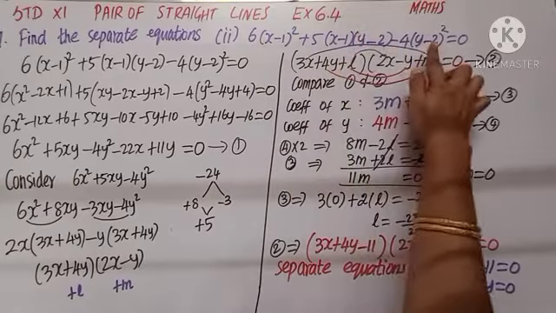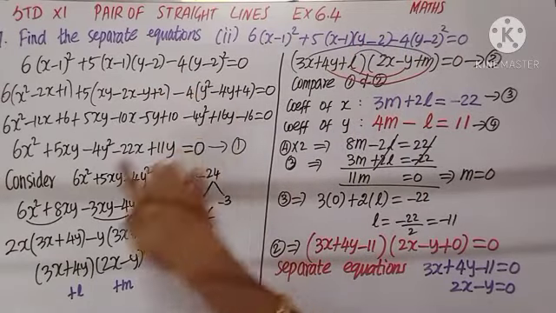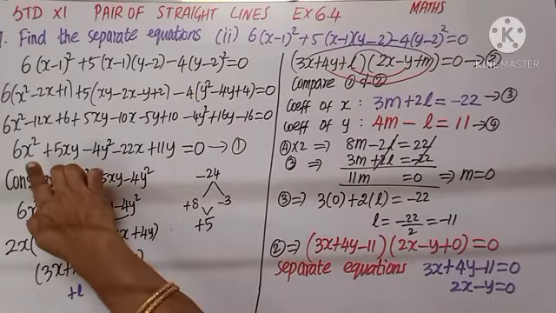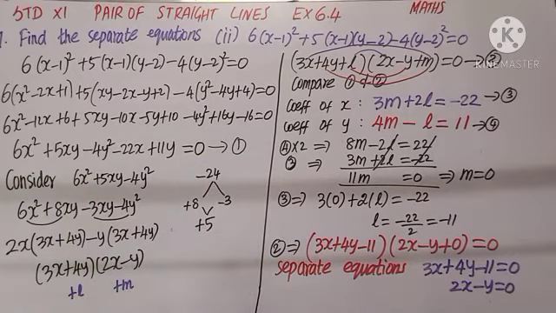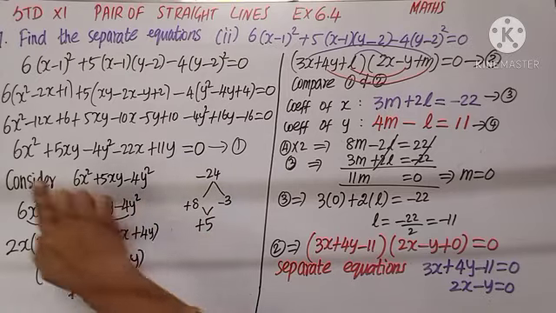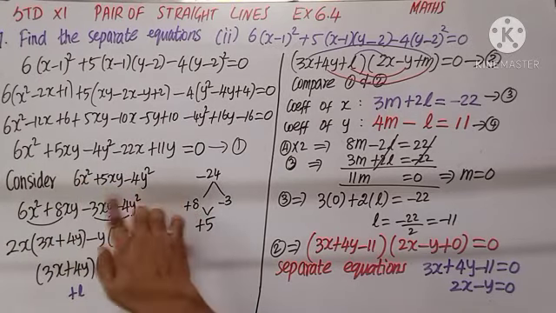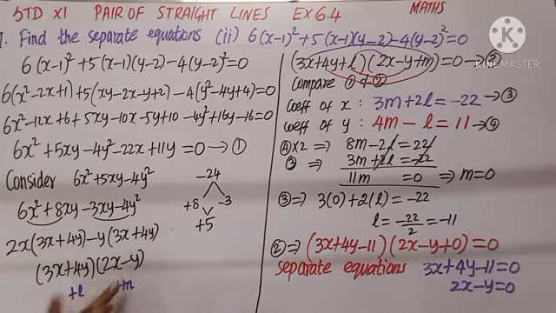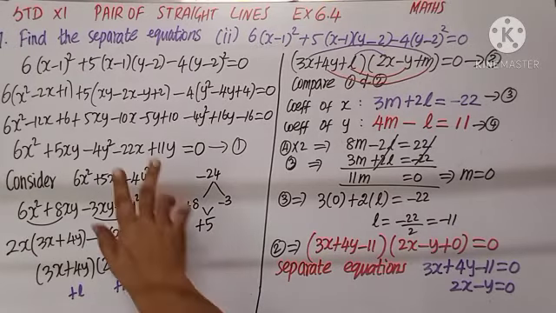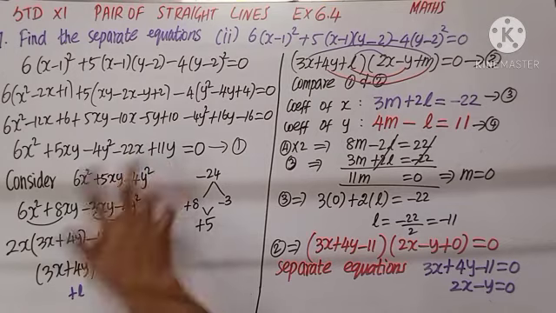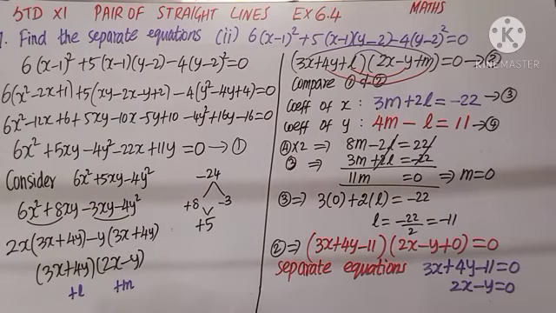The given equation we have simplified to arrive at a pair of straight lines in the general second degree equation. Consider the x square, xy, y square terms alone. Factorize, get the two factors. Now, to compare the x and y coefficients, let us introduce two constants, say L in the first factor and M in the second factor.